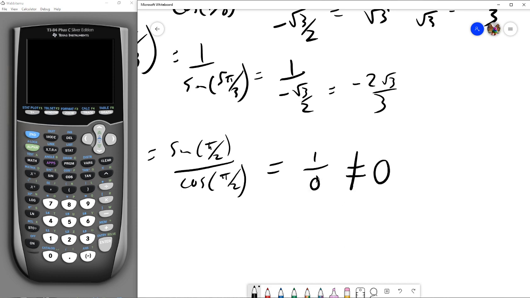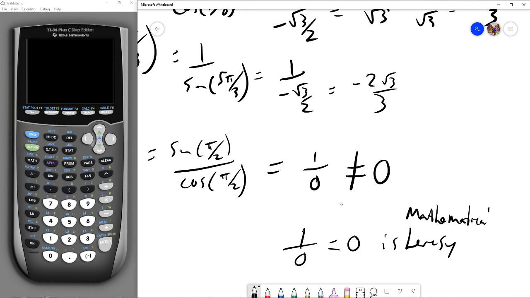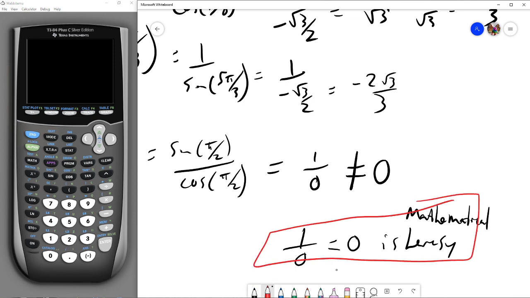In fact, if you say this is equal to 0, this claim right here, it is heresy. Mathematical heresy. So claiming that 1 divided by 0 is equal to 0 is mathematical heresy. We are going to box this in red. You do not commit mathematical heresy. You do not say that 1 divided by 0 is equal to 0.